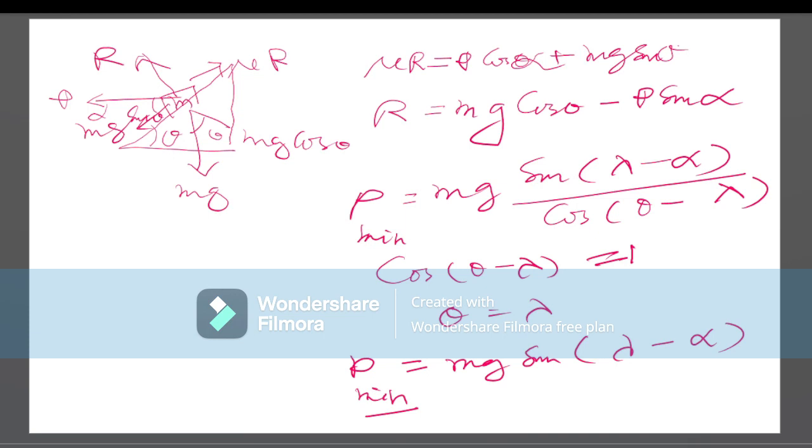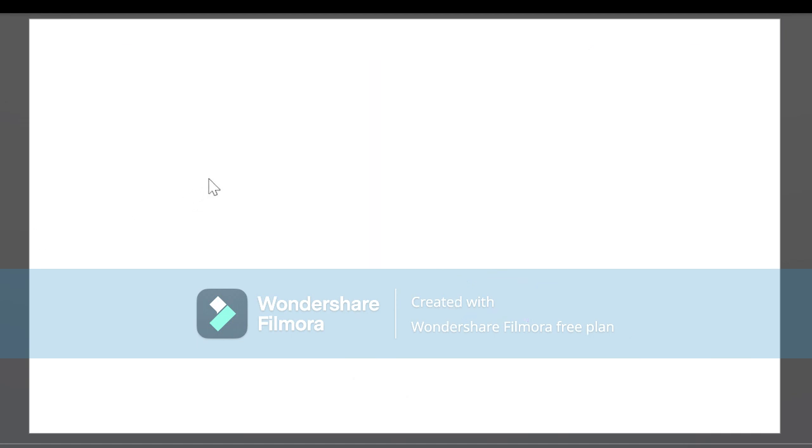Similarly, we can take another example. Suppose here is an inclined plane and the body of mass m is here, and the coefficient of friction is mu. Again, we resolve the two components, and the angle is theta. So this is mg cos theta, this is the reaction R, and this is mg sine theta.